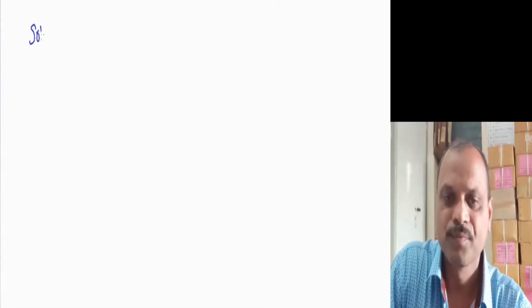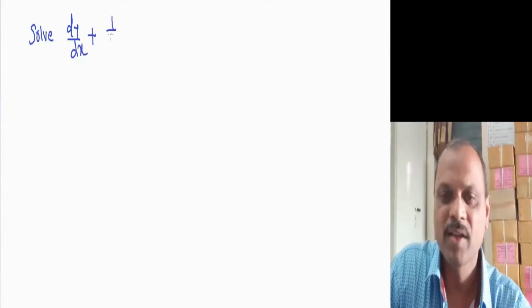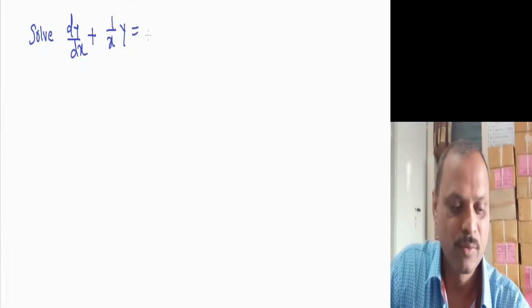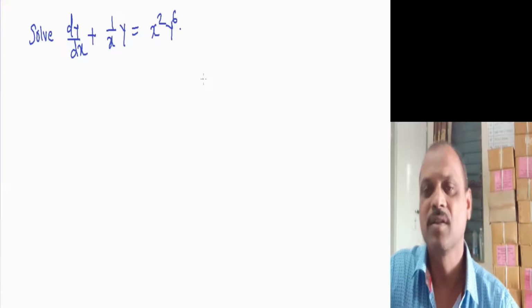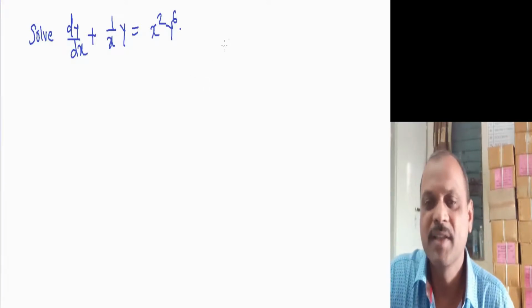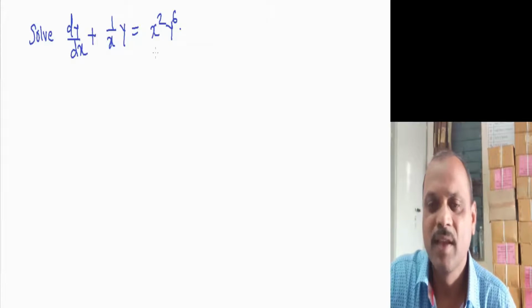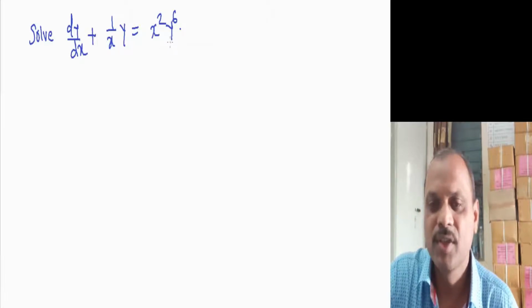Solve dy by dx plus 1 by x into y equal to x square into y raised to 6. Here friend, you can see that the term y raised to n is here y raised to 6.